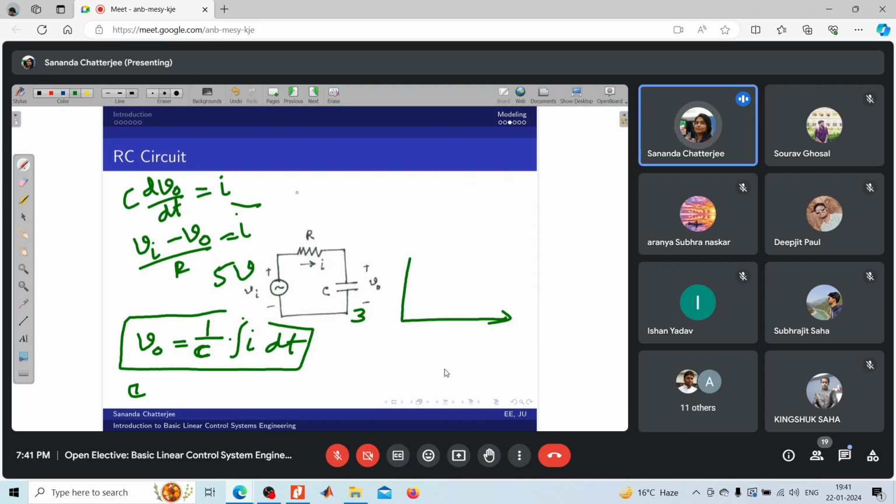If we combine these two equations, we will get Vi equal to R into C dV0 by dt plus V0.